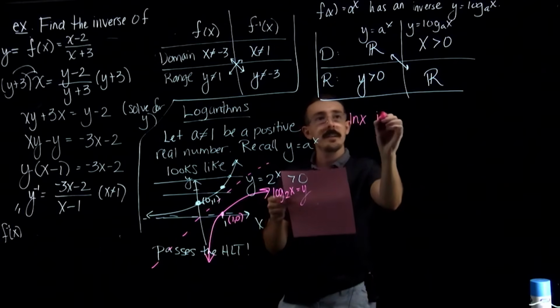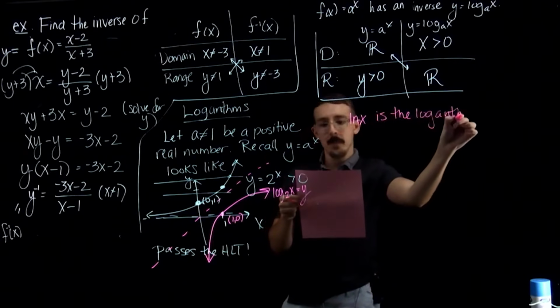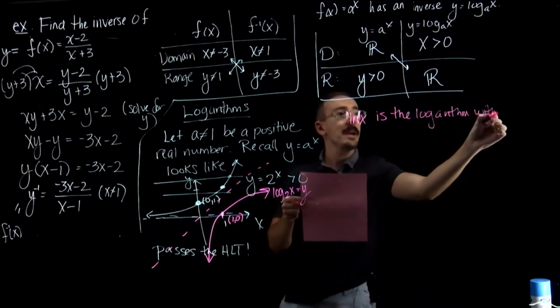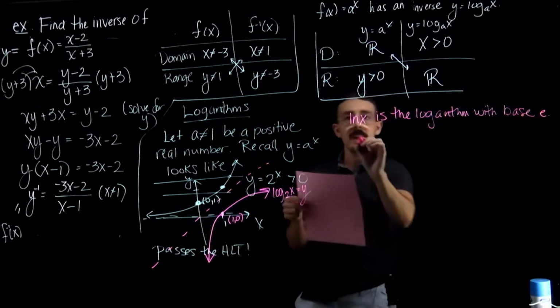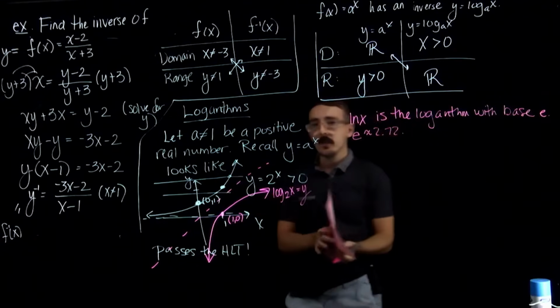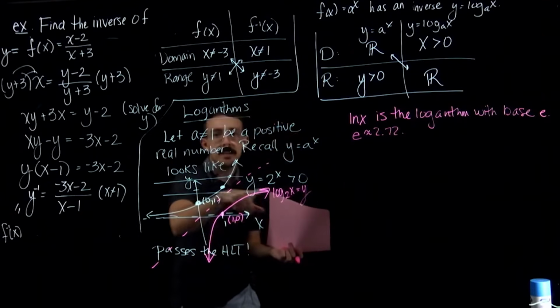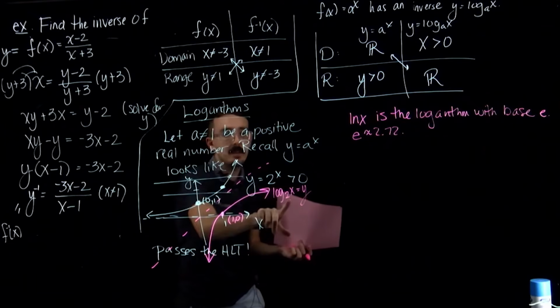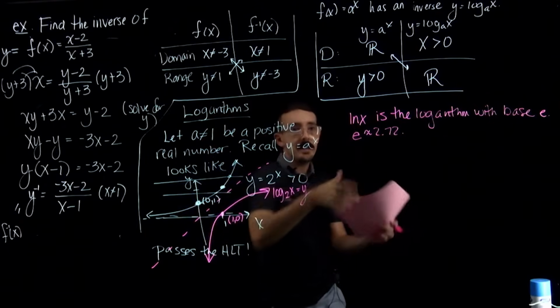So ln of x, it's the logarithm with base e, and e is about 2.72. So over here, the log base was 2 because it's based on the exponential graph 2 to the x. So our base is 2 here. ln of x, it's not written, but there's a base e here.